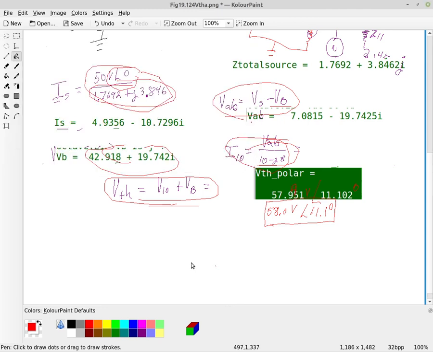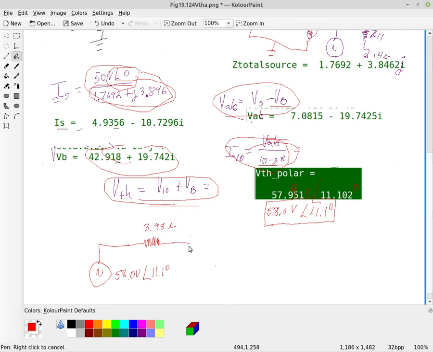So we can draw the V Thevenin circuit. All right, and so V Thevenin was this 58.0 volts at an angle of 11.1 degrees. And then we have resistance. So we have a resistance of 3.98 ohms down to 3 significant digits.